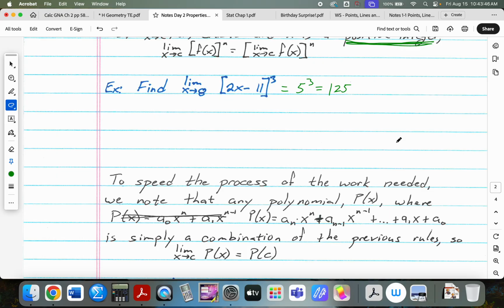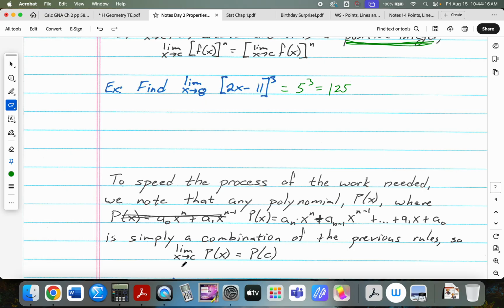So, to speed up the work, so you don't have to ever show any of that, we note that for any polynomial p of x, where p of x is a sub n, some constant, times x raised to the nth power, plus a sub n minus 1, some other constant, times x to the n minus 1, etc., is simply a combination of those previous rules.